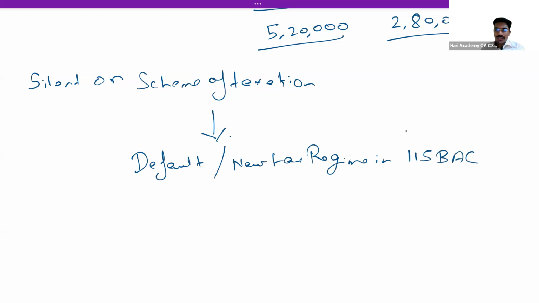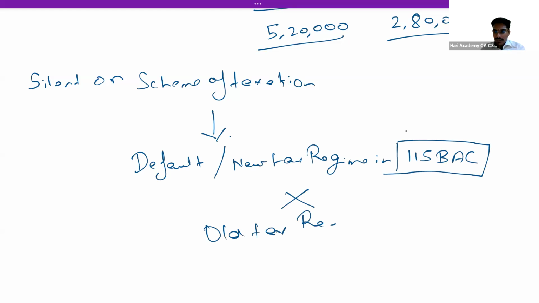He has opted for 115BAC. He is in the new tax regime and he is not in the old tax regime. This you can apply for all the questions. If there is nothing mentioned about the old tax regime, you can always presume that he is in the default tax regime or the new tax regime.